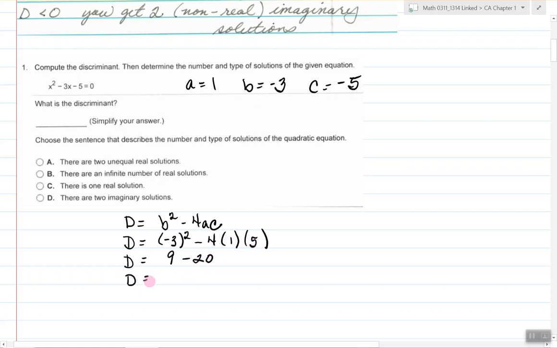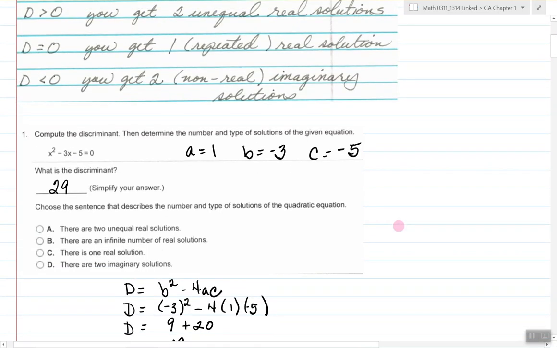So the discriminant here, whoops, I made a mistake. This 5, and I'm wondering if you're catching it, this 5 should have been -5. So that means it's plus 20, and that greatly affects this answer. Now it's -4 times 1 times -5, so the discriminant is 29. So your first answer is 29.